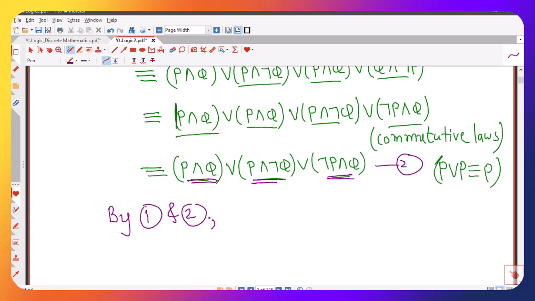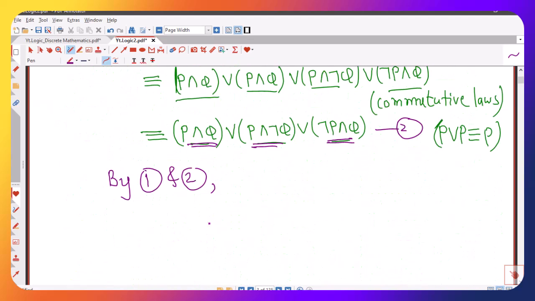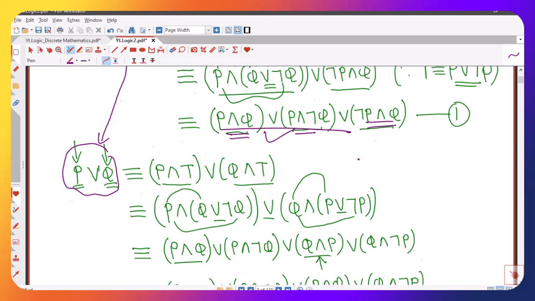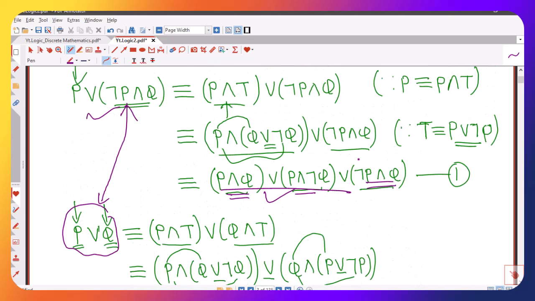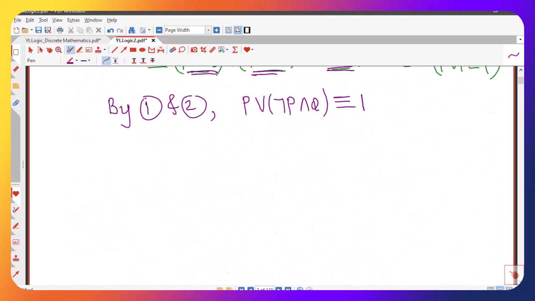By 1 and 2 we can write that P or negation P and Q is logically equivalent to P or Q. So this is very easy.